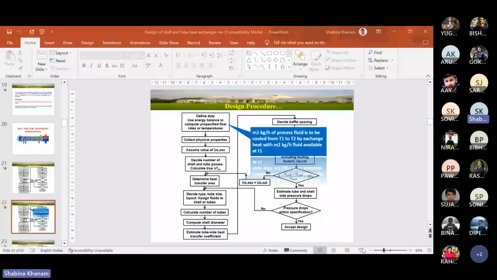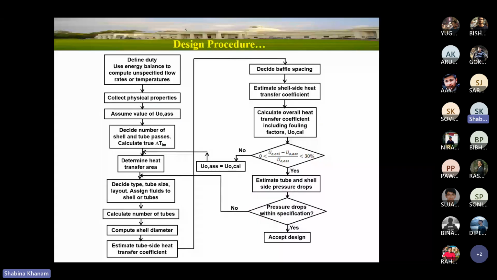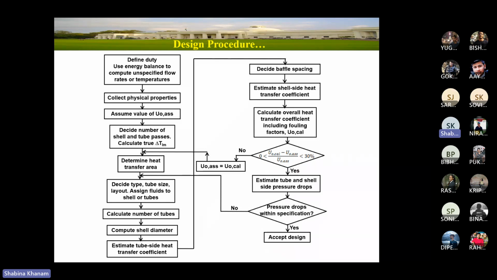We continued with the specification related to shell: what the shell dimension should be, what the standard dimensions are, and the arrangements in the shell, like E, F, G. The standard names have been given by TEMA, the association I discussed in the last class.